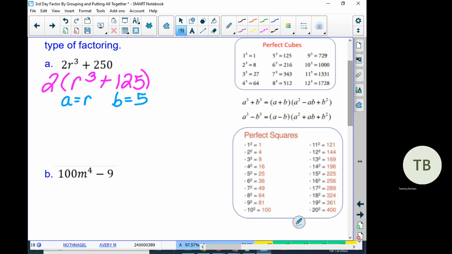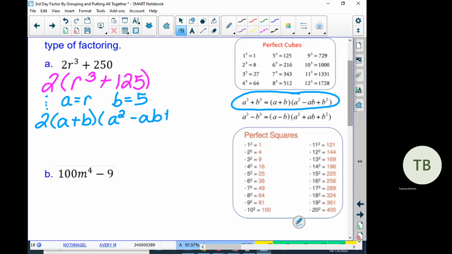Now, this is sum of cubes, so we're going to use this rule, which really starts right here. We have to bring that 2 down. And it's going to be A plus B times A squared minus AB plus B squared. And then you just take your A and B and substitute them in there.